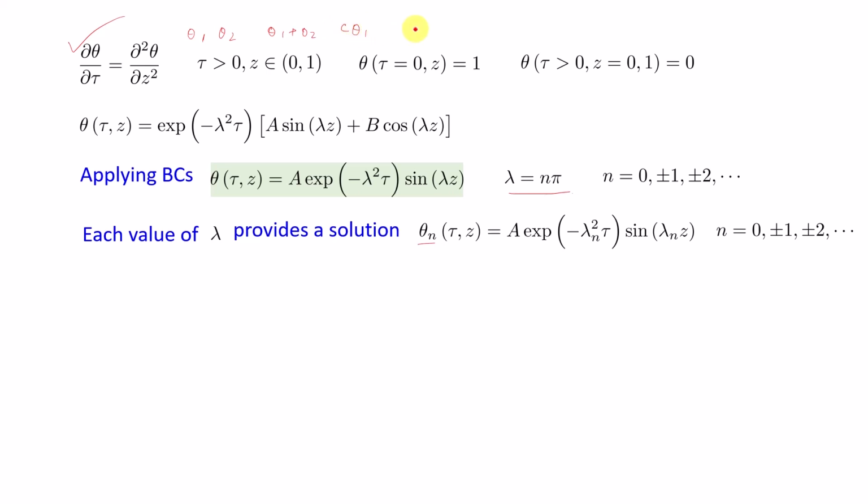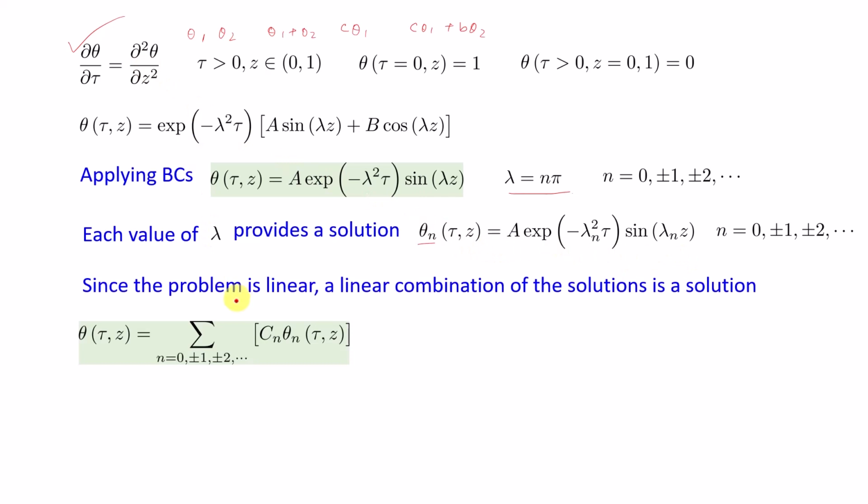So in general, some constant multiplied by theta 1 plus some constant multiplied by theta 2 should be a solution of this equation if theta 1 and theta 2 are solutions. This is what we call linear superposition, which tells us that because each of these solutions satisfies this equation, a linear combination of them will satisfy the equation.